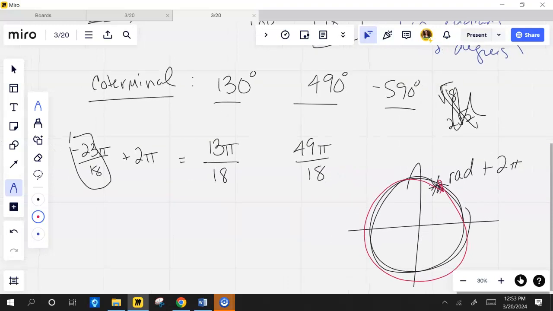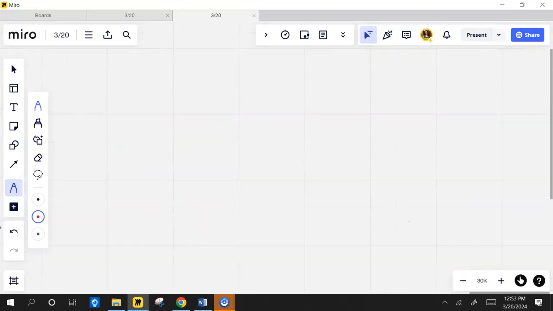Coterminal angles. Well, okay, so you could, but what if I said, give me 2 coterminal angles?